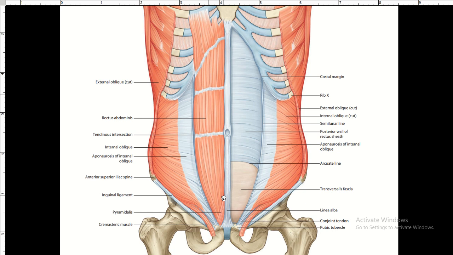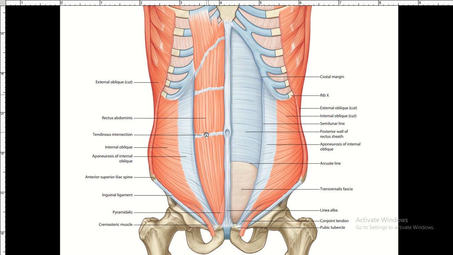So let's talk about the nerve supply of the rectus abdominis muscle and the pyramidalis muscle. Since we said the rectus abdominis muscle is enclosed in the rectus sheath, the pyramidalis muscle is also enclosed in this rectus sheath. So you're going to have the thoracoabdominal nerves found in this rectus sheath. L1, take note, is not found in the rectus sheath.